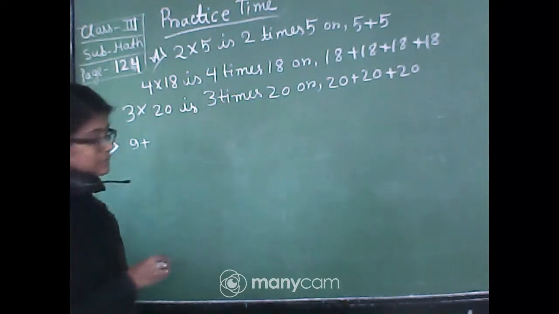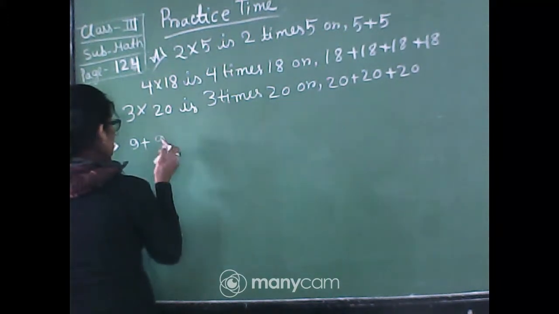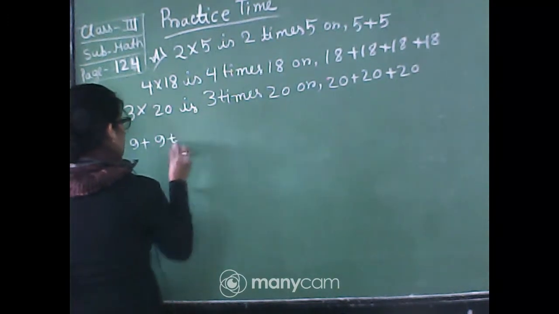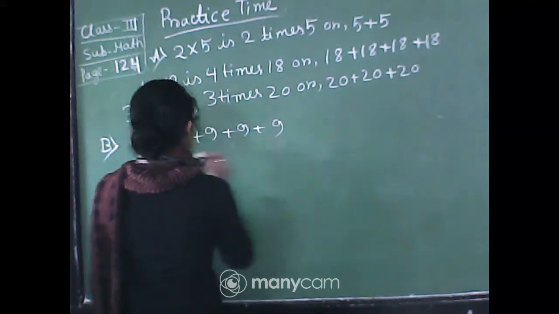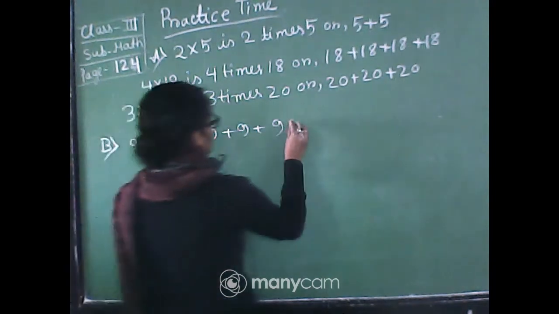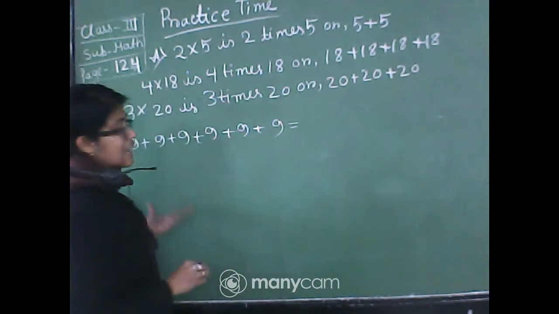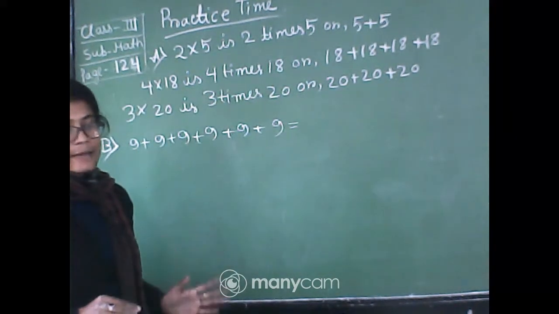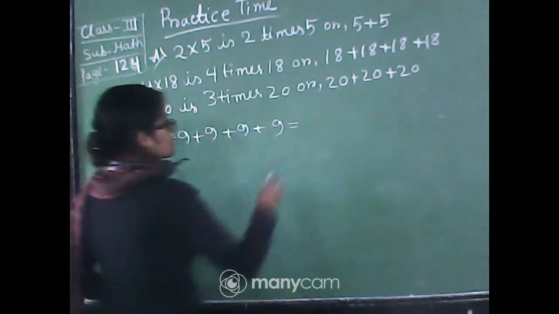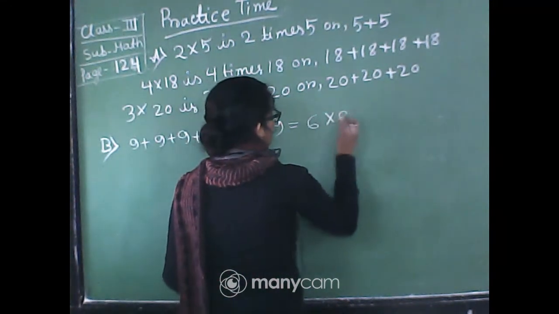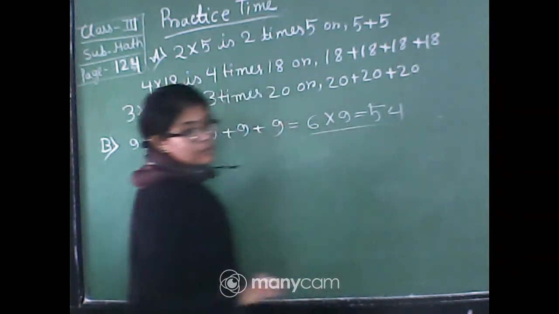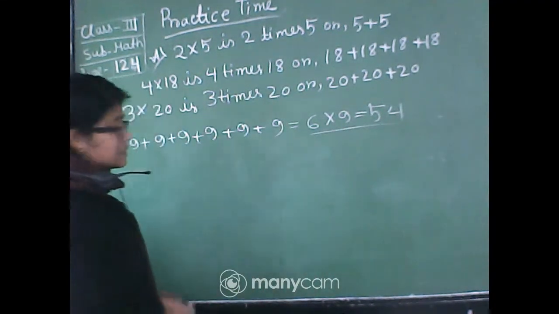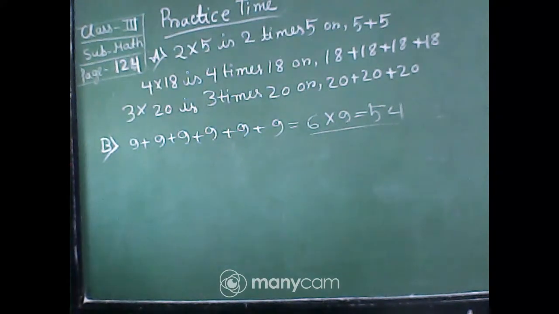There are 6 9s. Can you count? 9 plus 9 plus 9 plus 9 plus 9 plus 9. 1 2 3 4 5 6. So 6 times 9 comes. So we will write down 6 into 9, which is equal to 54, which is written in your book, isn't it?